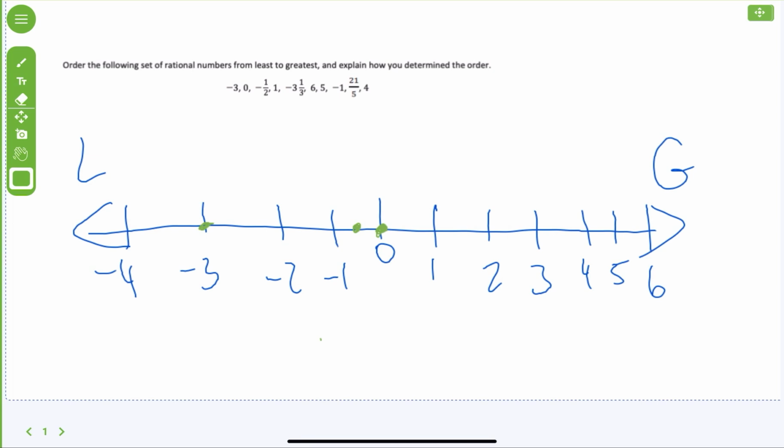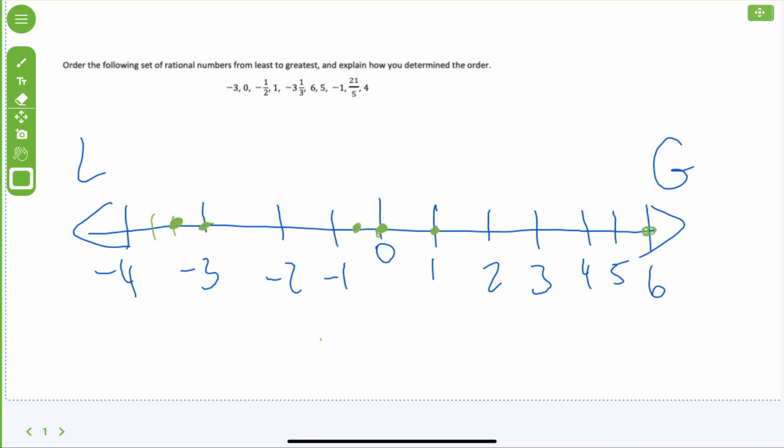Now we have 1. Then we have negative 3 1/3. So we would break this up into thirds. Between negative 3 and negative 4, we'd break that up into thirds. And now we would have negative 3 1/3. Okay.